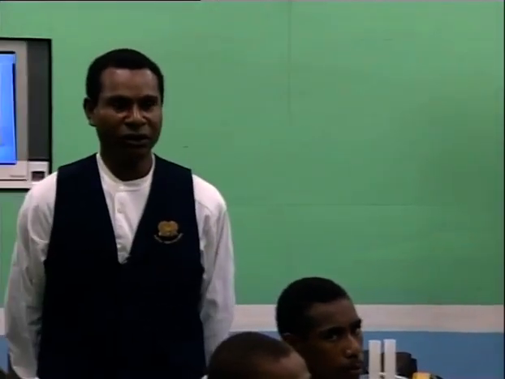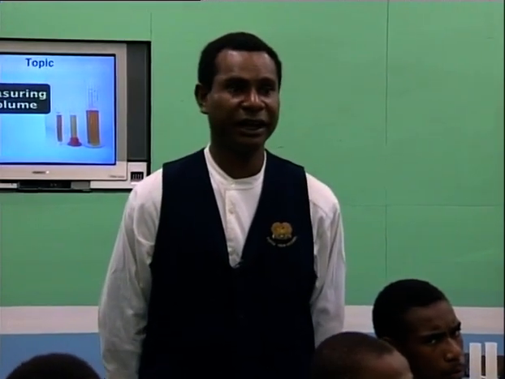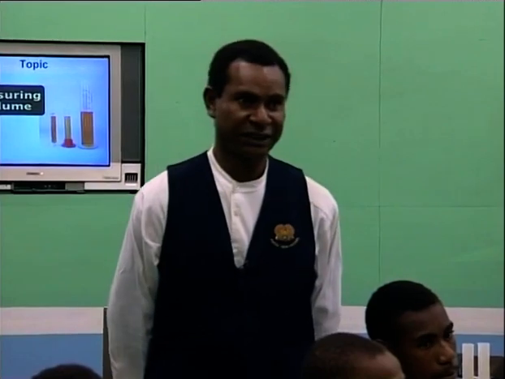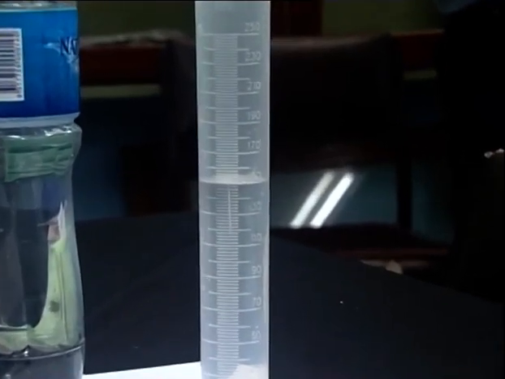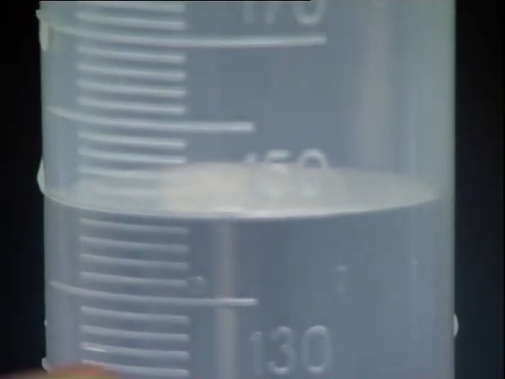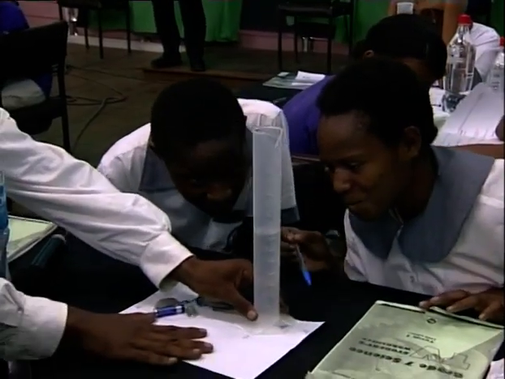Their reading on the measuring cylinder is 150 milliliters. Can you confirm? Check if your friend is correct. Your eye level straight down, that is where your level is. Not sideways, straight. You cannot see close to you.